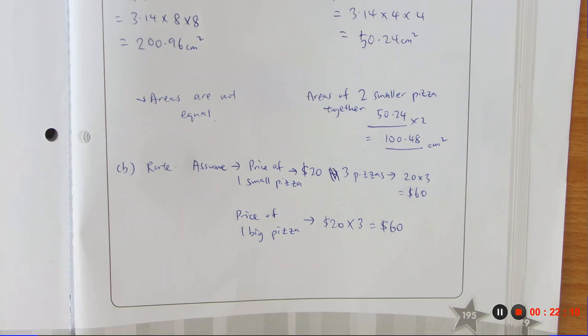So now, looking at it, the question is almost correct. First time he said, I will still buy the bigger pizza instead of the 3 smaller pizzas. Why? Yes, Marianne.